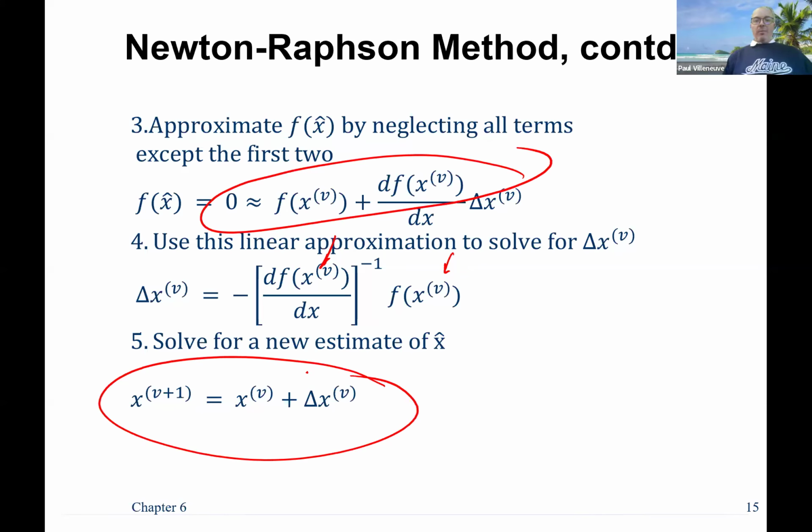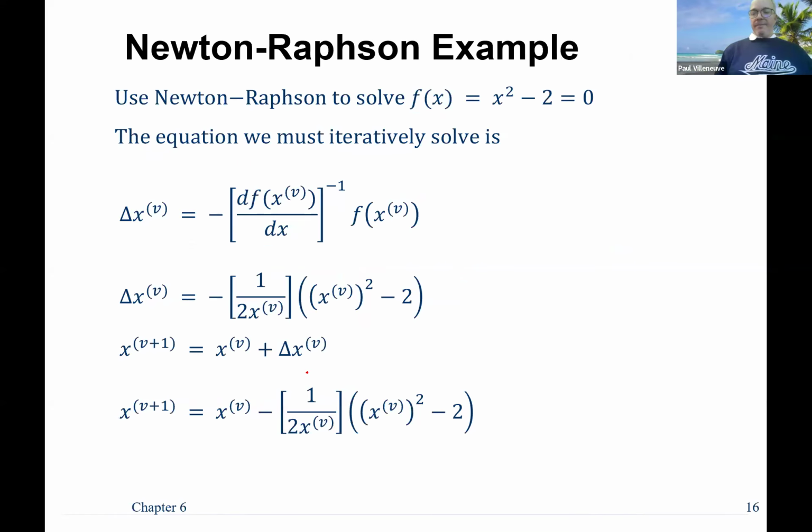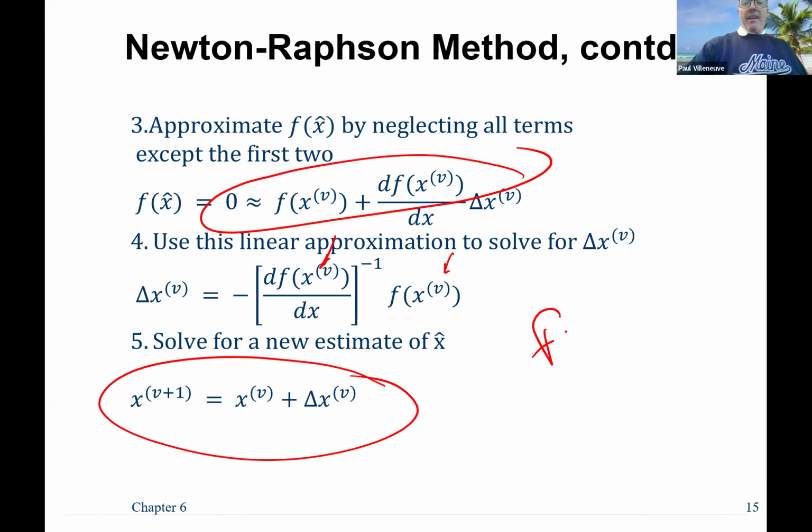And then I rinse and repeat until f of x, and we'll call this actual, is approximately equal to 0. Approximately, not exactly equal to 0.